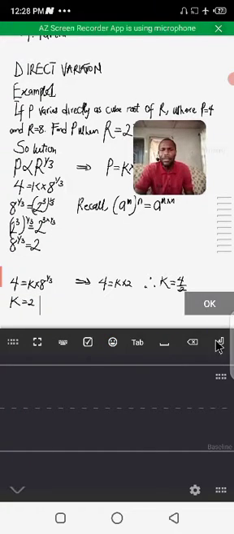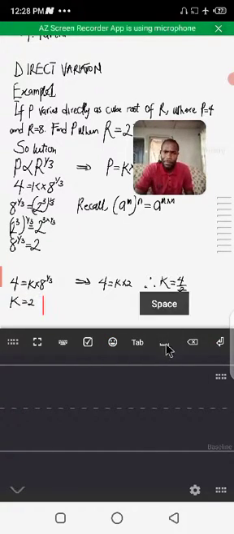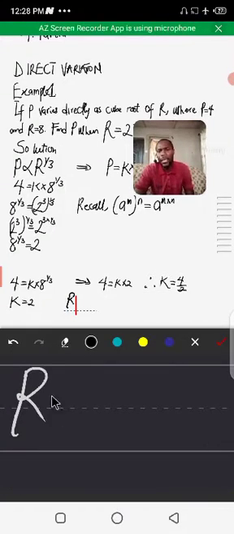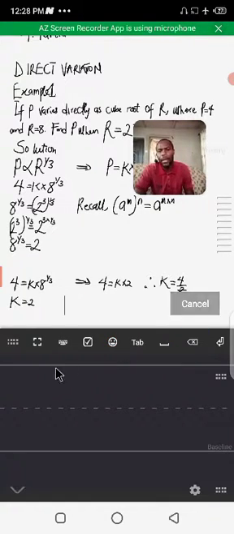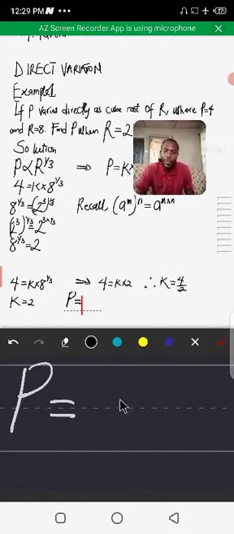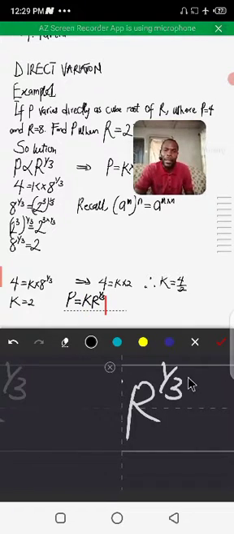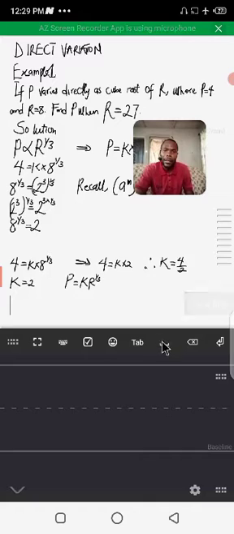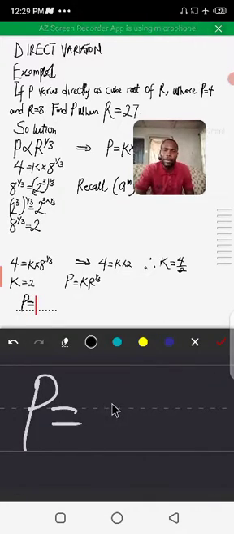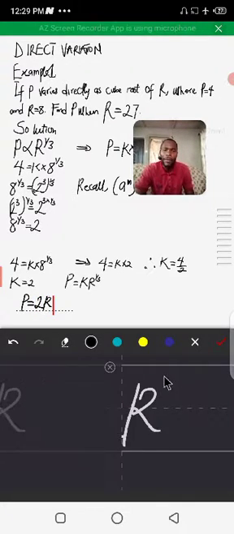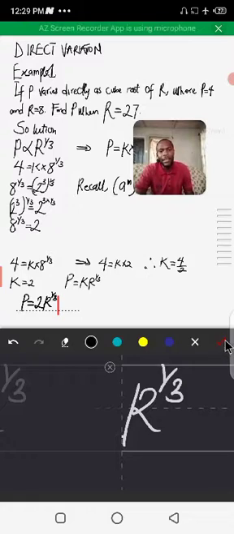You will now write out the relationship between them: P is equal to K times R raised to power 1/3, which is P equal to 2R raised to power 1/3. So that is the value.